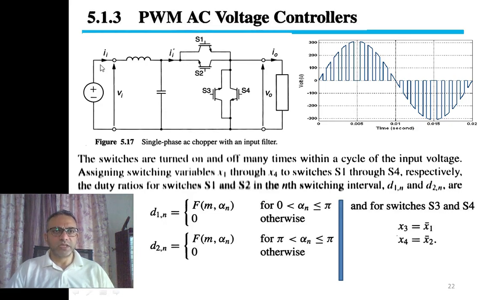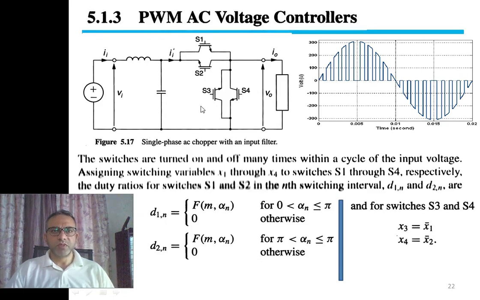The current of the source is represented by II. Here we see an inductor and here we see a capacitor. This inductance and this capacitance constitute or make up the input filter. This filter is highly essential for the PWM AC voltage controller.